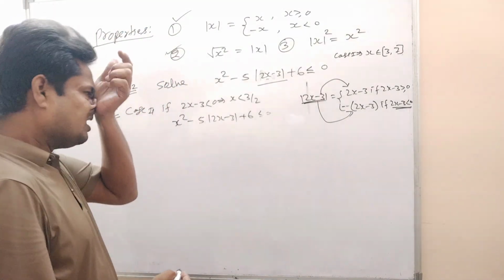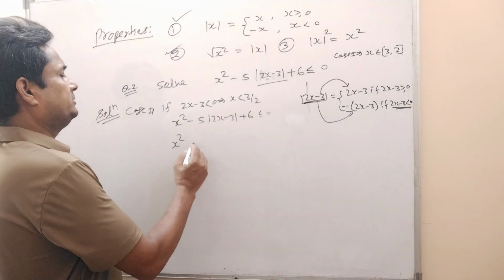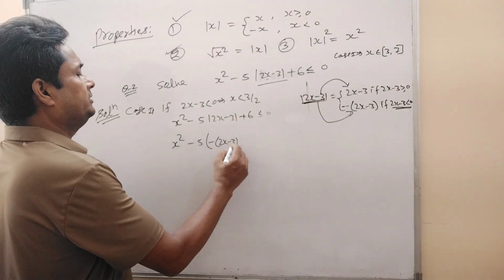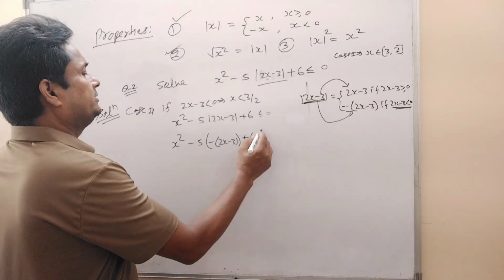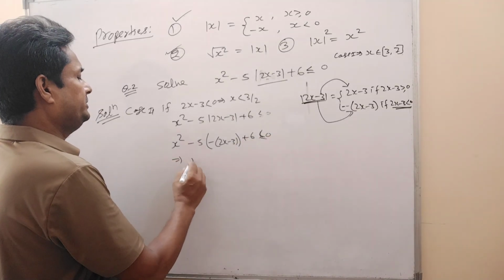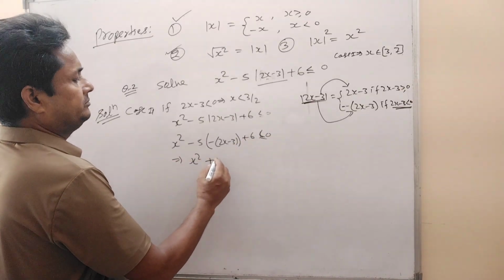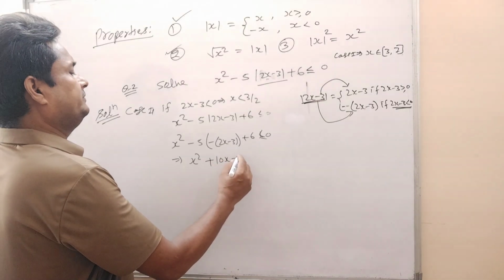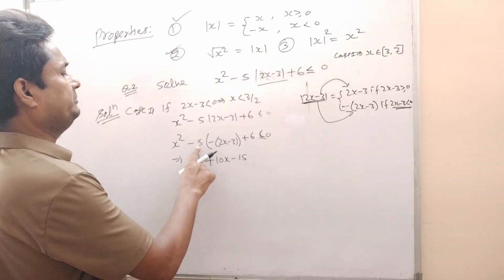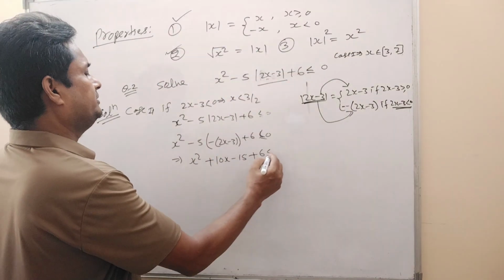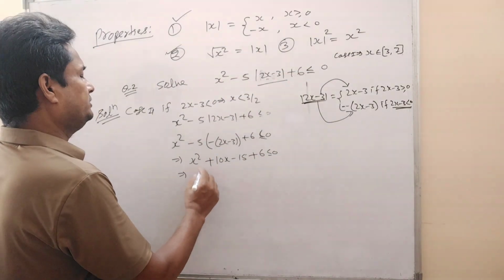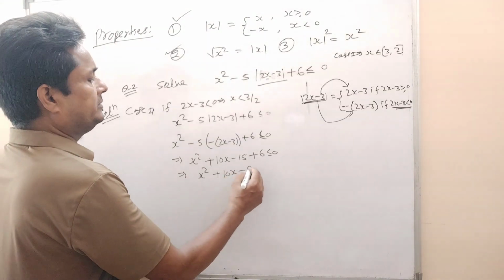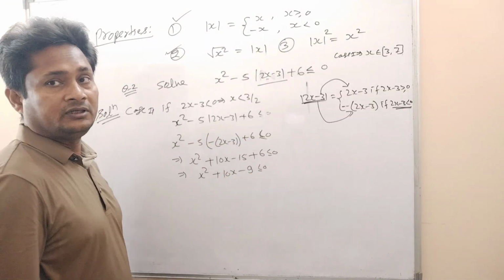So this can be written as x square minus 5 into minus of 2x minus 3 plus 6 less than or equal to 0. So this will be x square plus 10x minus 15 plus 6 less than or equal to 0. So this will be x square plus 10x minus 9 less than or equal to 0.